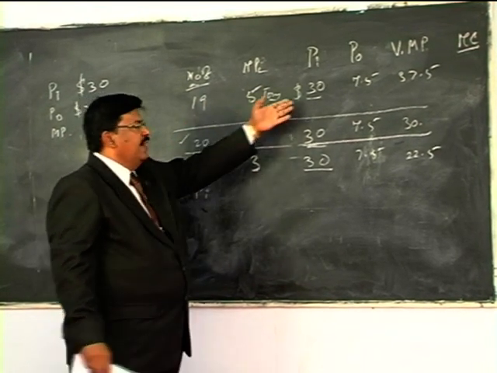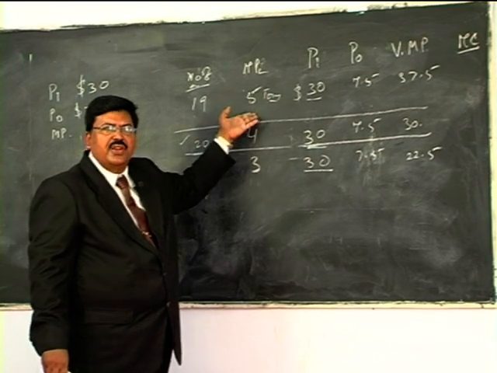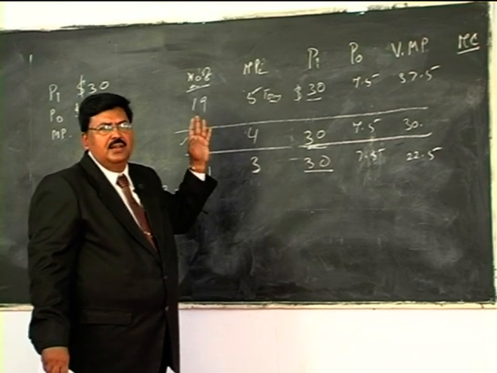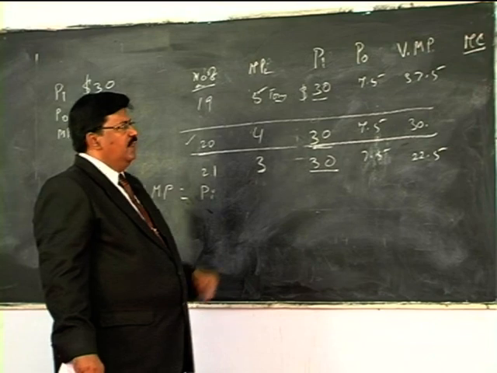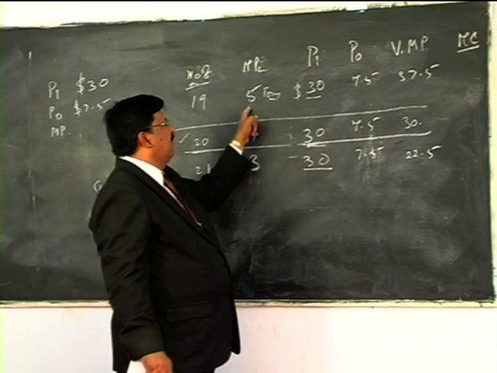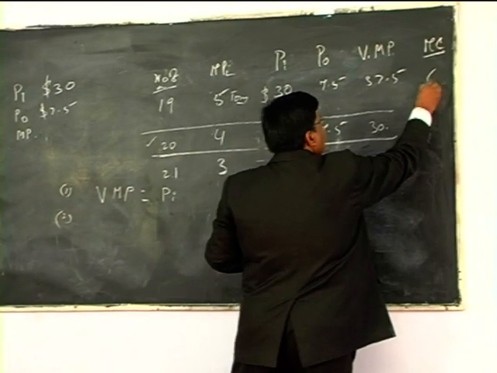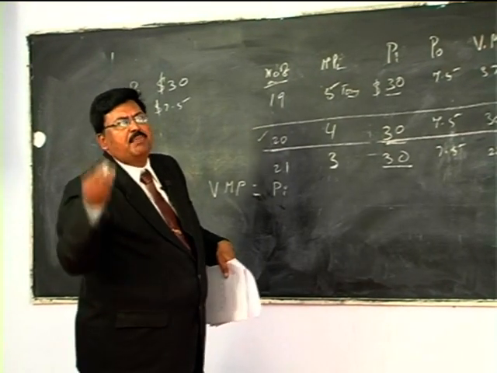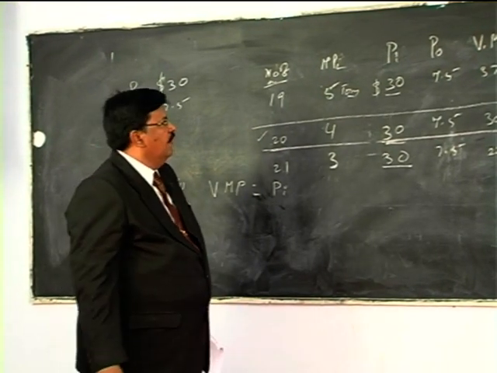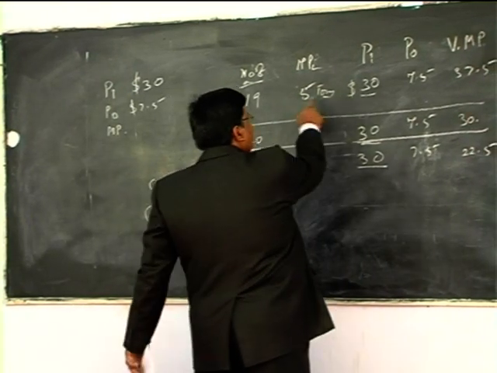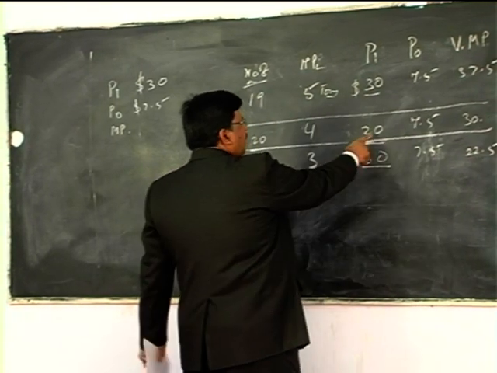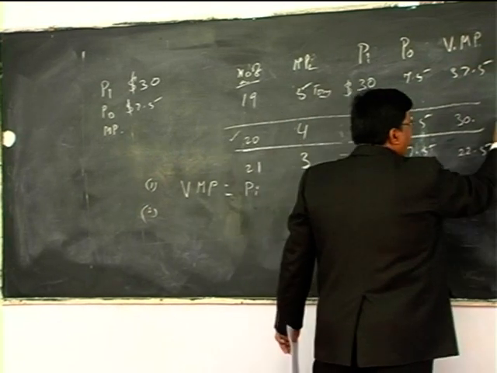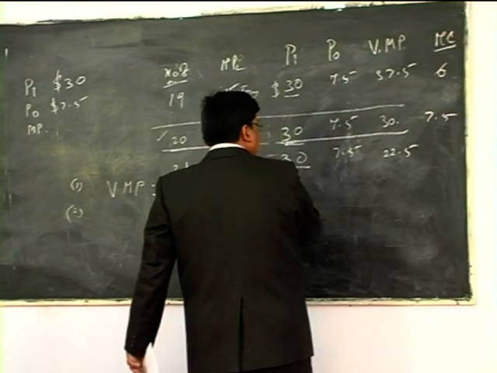Suppose by spending $30 you are able to produce 5 units of the product. What is the cost per unit? If you calculate cost per unit, that is 30 by 5, that gives you 6. That is marginal cost. Marginal cost is extra cost per unit here. So 30 by 5 gives you marginal cost, and here 30 by 4, 7.5, and here 30 by 3, 10.